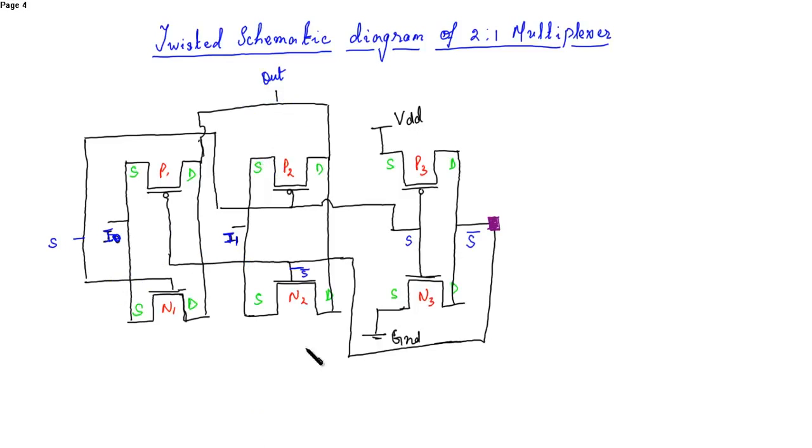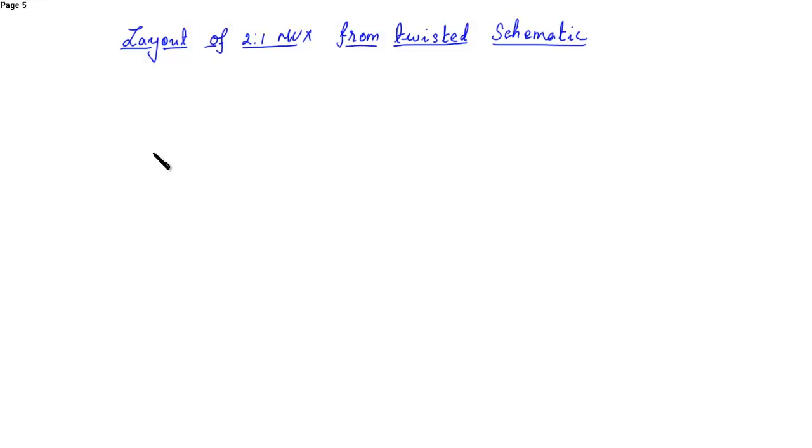So from here we have to draw the layout of a twisted 2 to 1 mux.